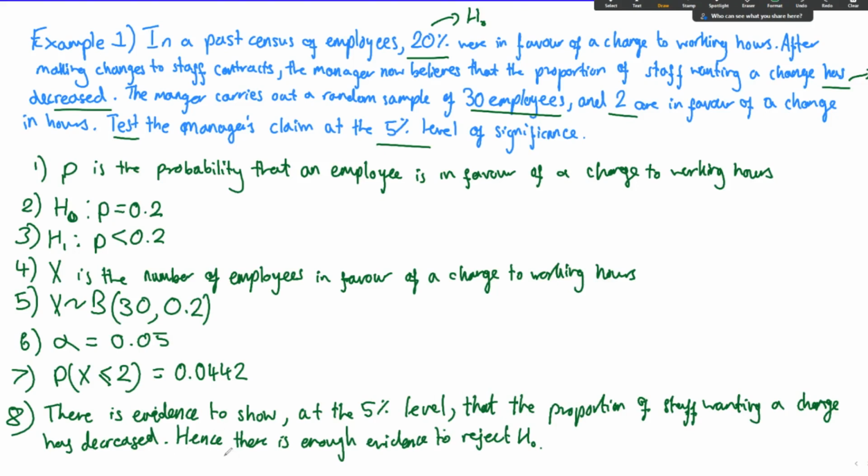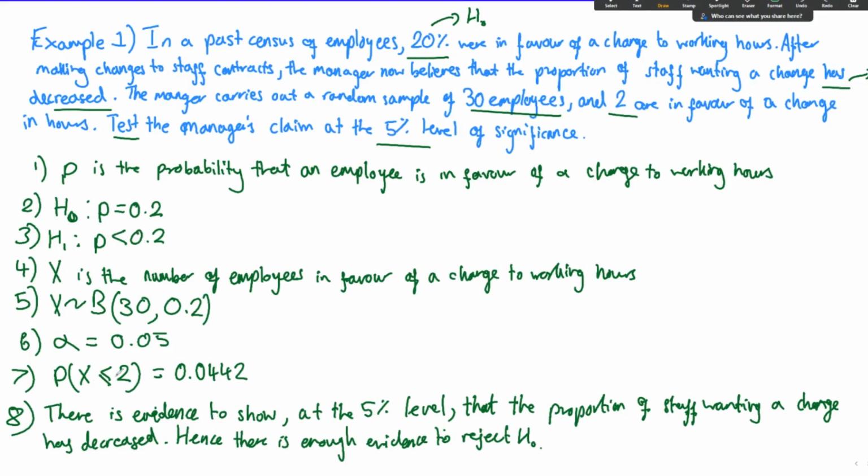And then you say, hence, there is or is not enough evidence to reject H0. So now we've rejected H0 because we said the probability of this is so low that it's lower than the significance level, so we can take this to be our new null hypothesis.